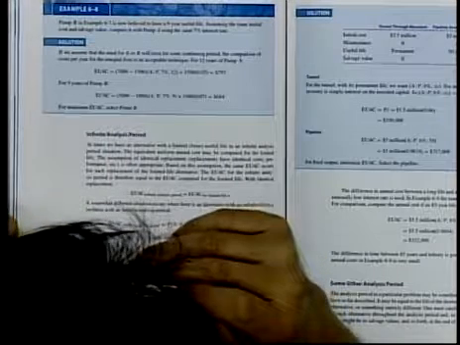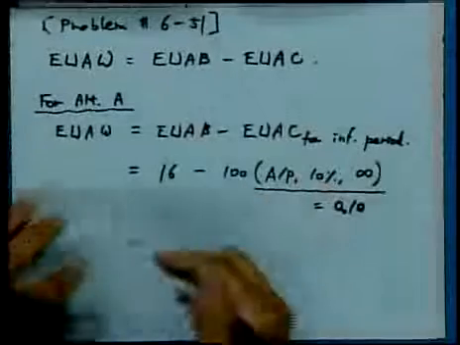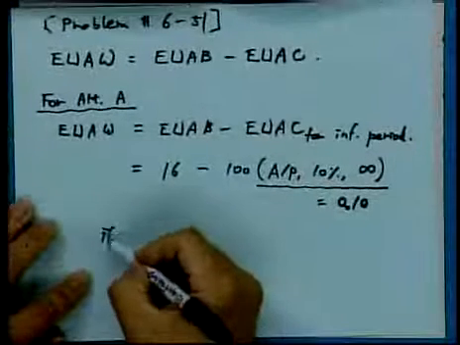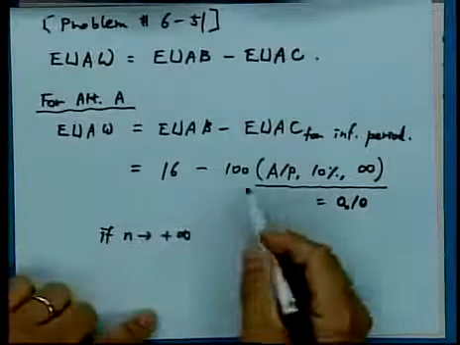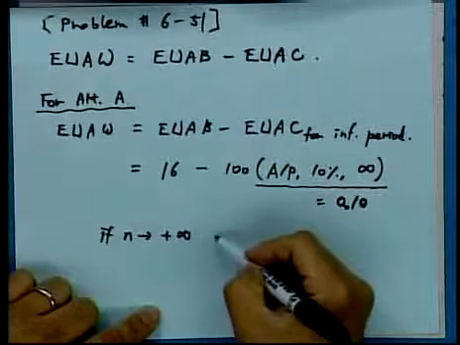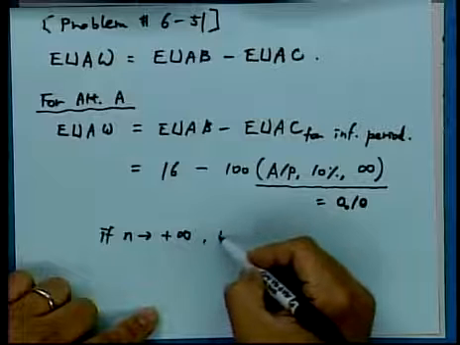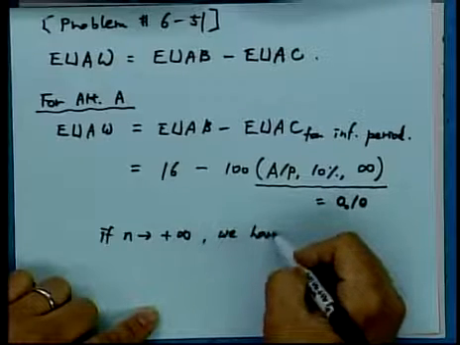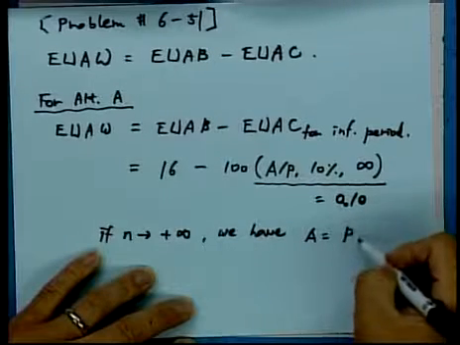And when n goes to plus infinity, we have A equals P times i.